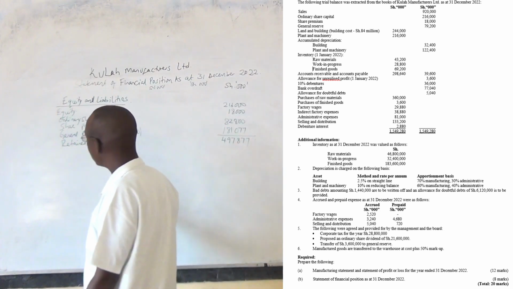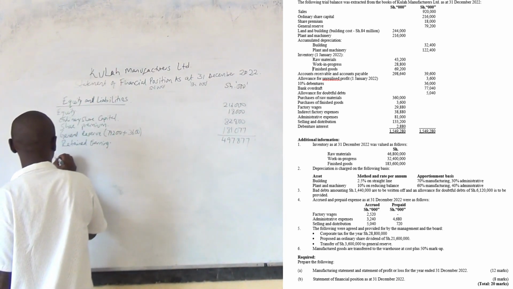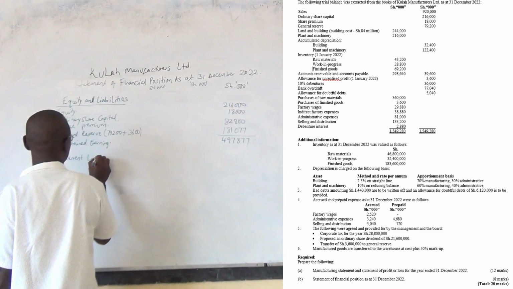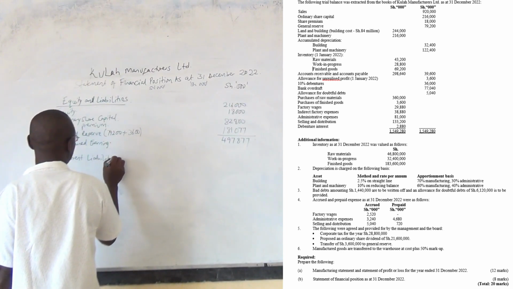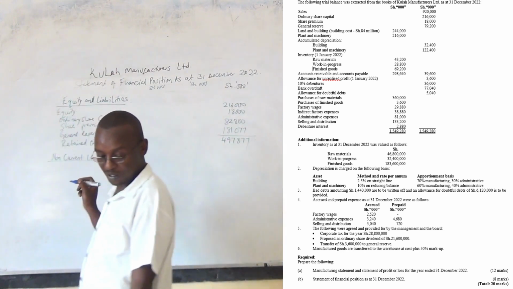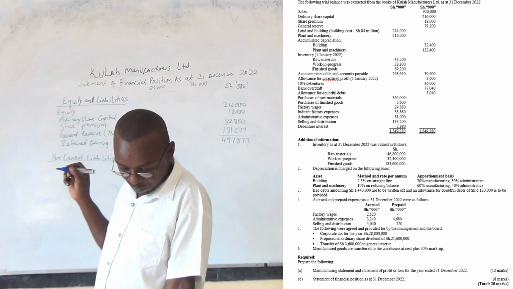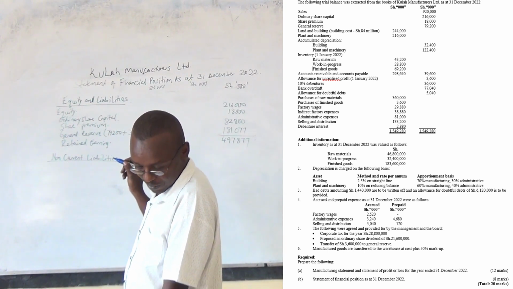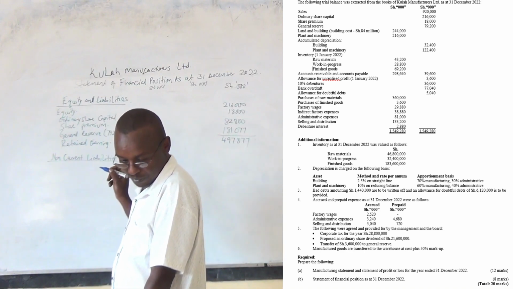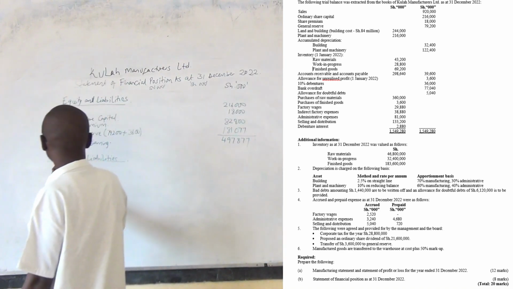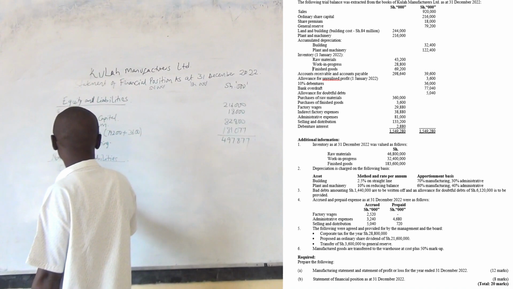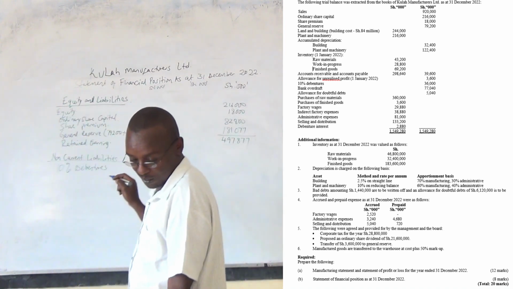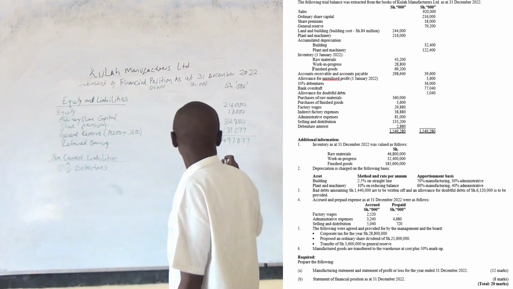Then non-current liabilities. Non-current liabilities, we have debentures. Debentures, 10%. How much? That's 6,000.